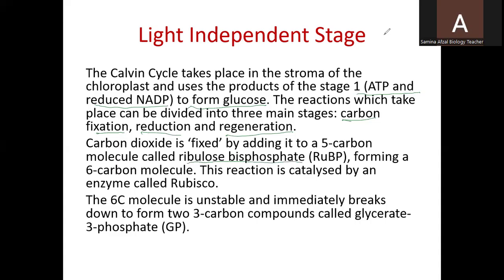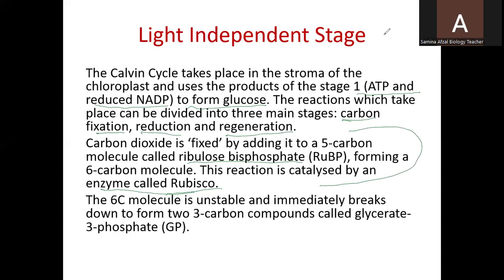So carbon dioxide combines with ribulose biphosphate to form a 6 carbon molecule, and this reaction is catalyzed by an enzyme called rubisco. This process is also called carbon dioxide fixation.